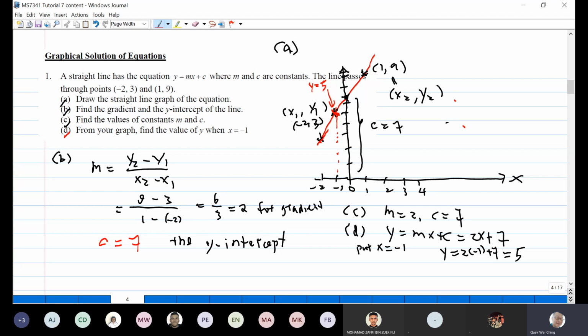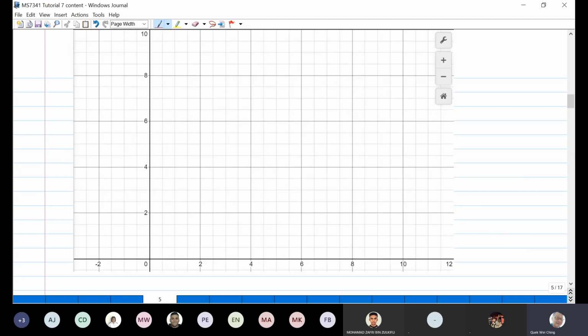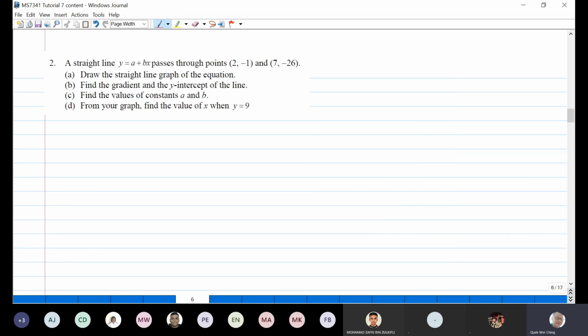Okay, the next question is actually super similar to question 1, so I will leave question 2 to you. In this case you have an equation that is slightly different, because they use y equal to a plus bx.